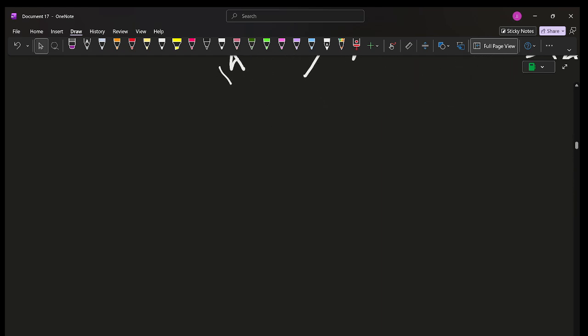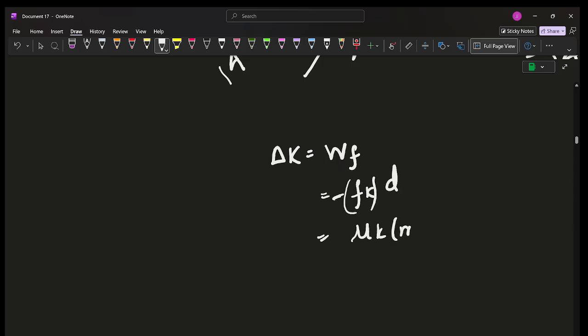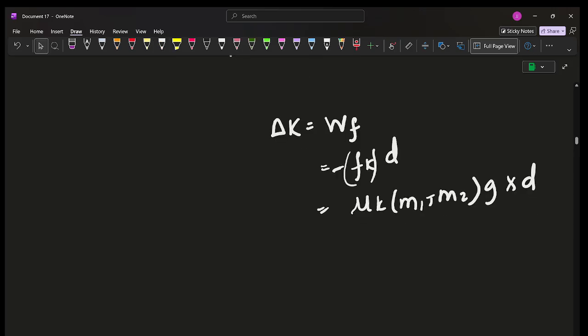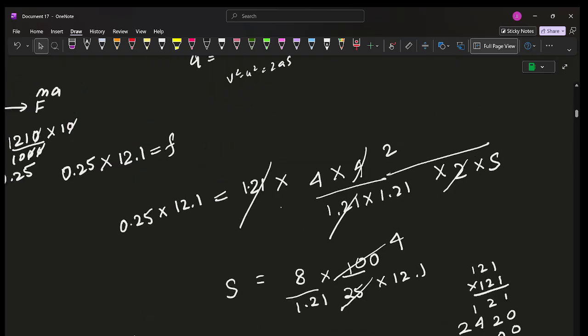You know what they've done after that? They've done delta K is equal to work done by friction. Work done by friction is friction of this into D. And you know what this is because we just did that. So we are definitely correct with that part. But this is extra D. And over this side we have it with respect to kinetic energy. What did I take here?